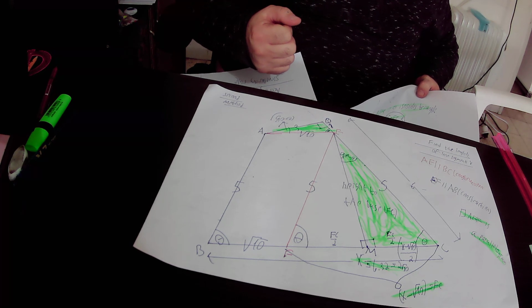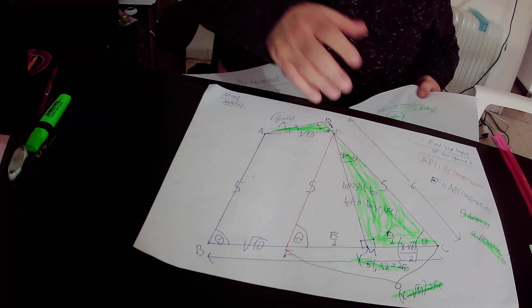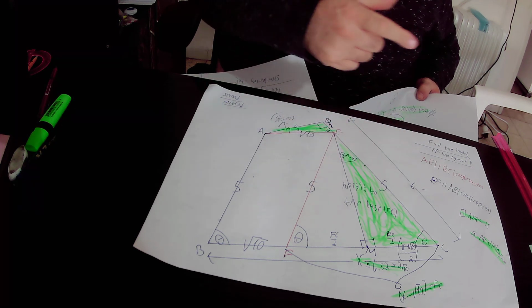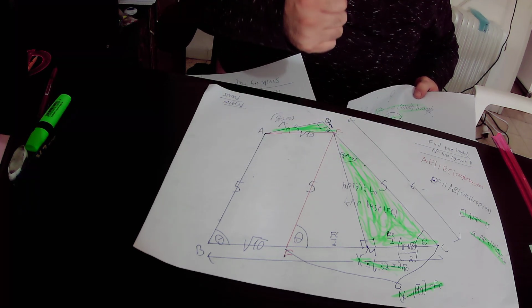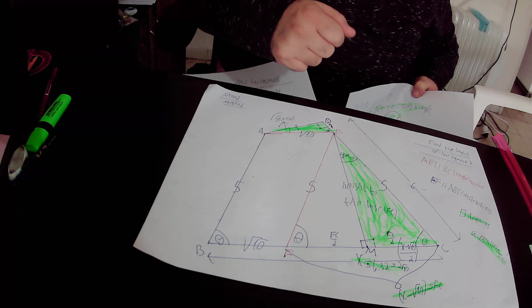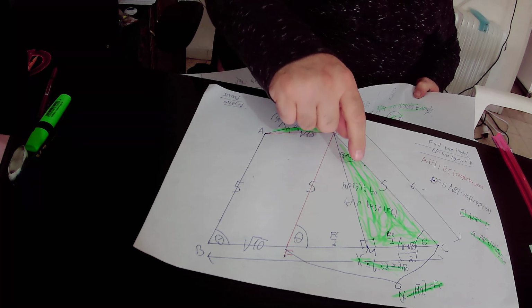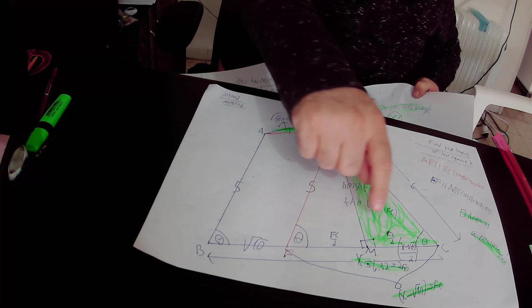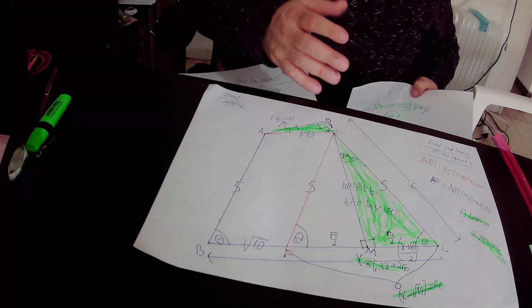Therefore EM is the height to the base FC, because this is exactly the definition of the height. Any line segment that is perpendicular to the base FC is defined as the height.